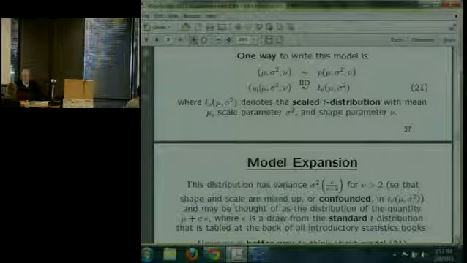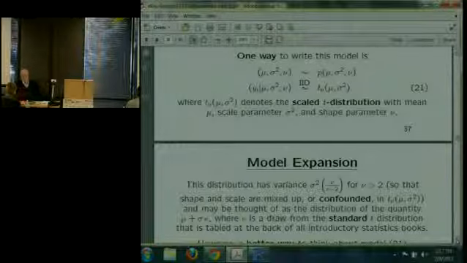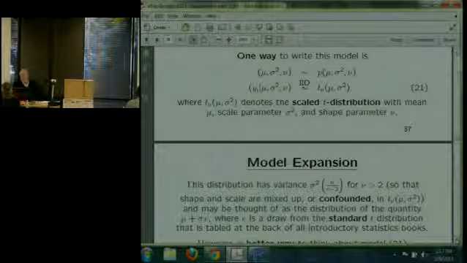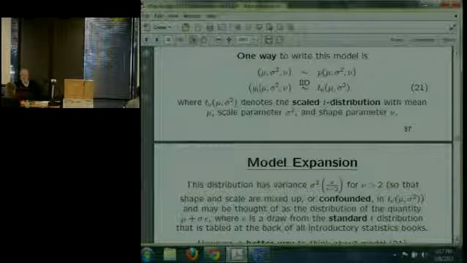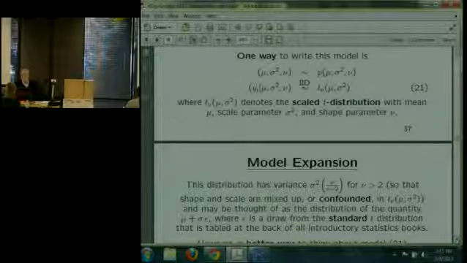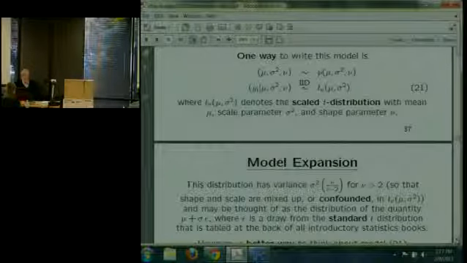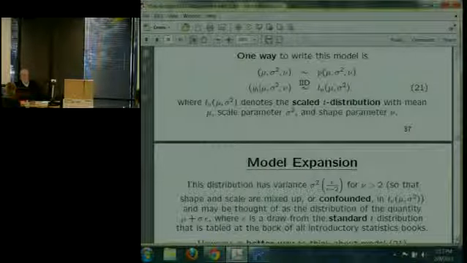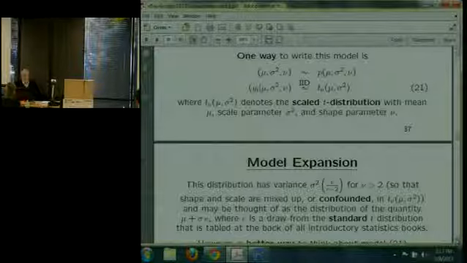If the variance of the distribution is supposed to be fixed at some value that corresponds to whatever the sample variance was, let's say that variance was big, you could either arrive at that value by having a large value of sigma squared and a large value of nu, or equivalently a small value of sigma squared and a small value of nu. Both of those things taken together would give you a large value for the variance. And so essentially that means that we're going to find a relatively high degree of correlation between the sigma squared parameter and the nu parameter in this model.